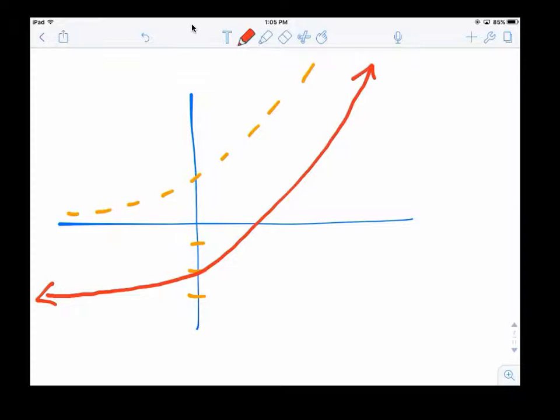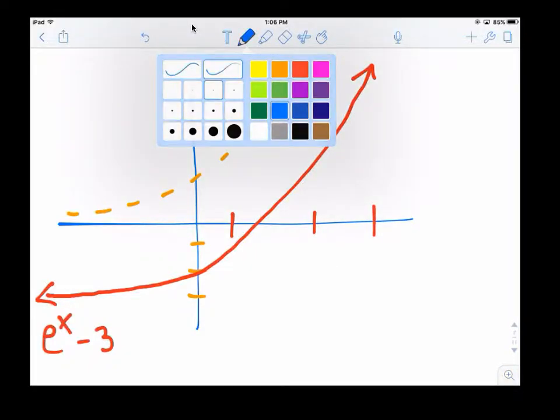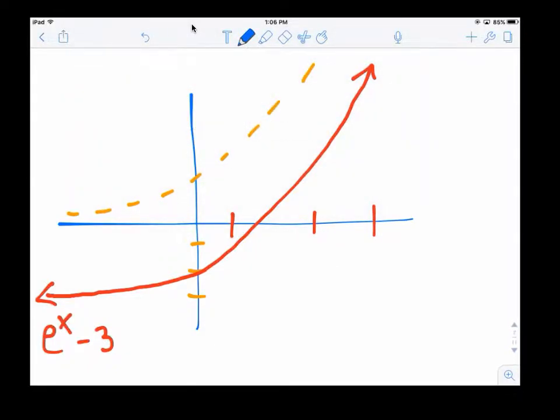Okay, so the red line would be e to the x minus 3. So we're looking at it from 0 to 3, right?